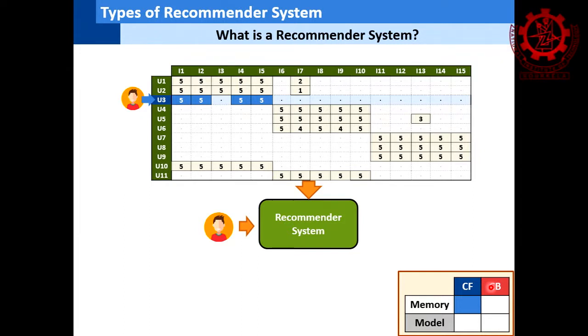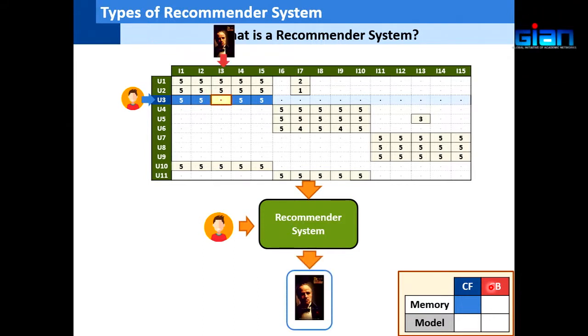Which item do you think we have to recommend to this user? I7? I think I7 is not a very good idea to recommend, because I think it's better to recommend I3, because other users have consumed the same kind of items and have evaluated this item very well. No? I7 is not a very good idea.